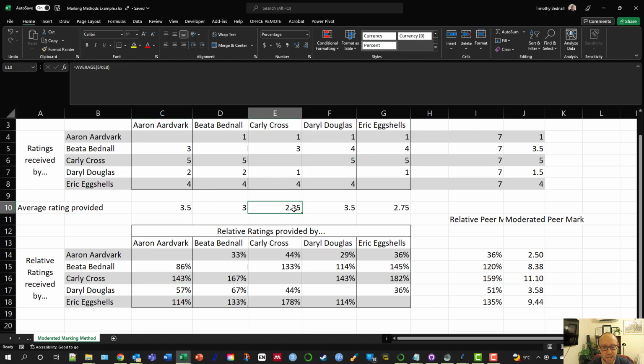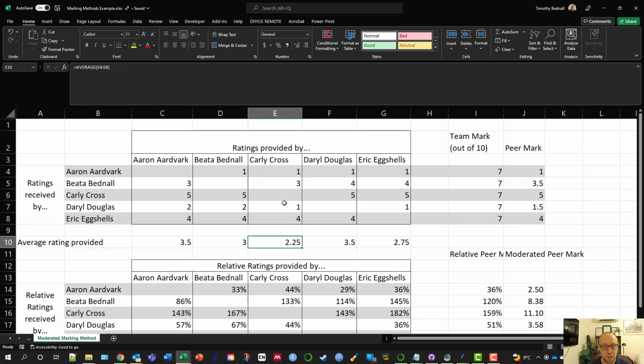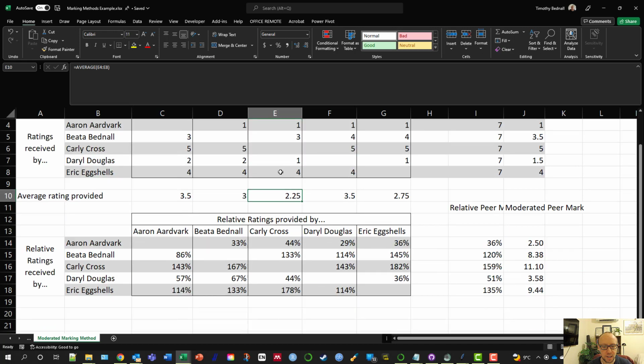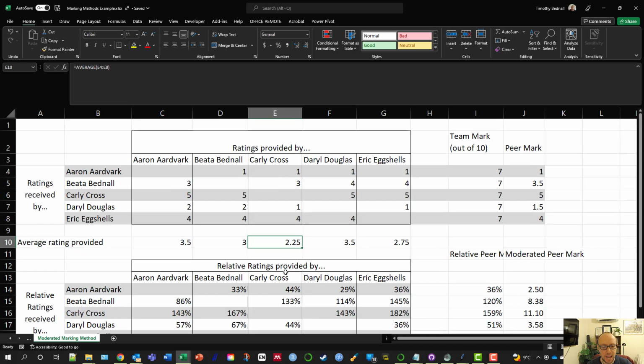On the other hand, if you take someone like Carly, who tended to give her peers very strict ratings, Aaron received a 1, which is 44% of 2.25.